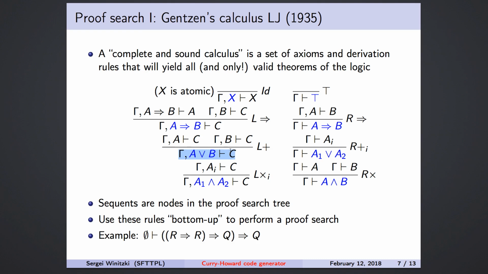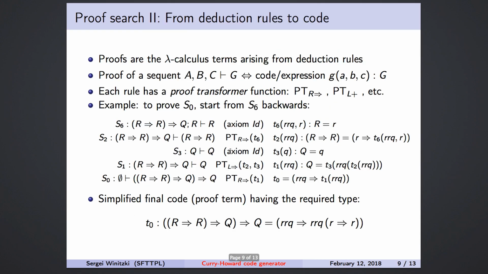And this is just an ordinary function, because everything is a function, right? It has a type, and so on. You can write code for it. So the proof transformer should be written next to this rule as a function, for this to be computationally reasonable and applicable for us. And I have done that, but this is not so difficult. So for example, here's the proof of this expression that we had before, the R to R to Q to Q.